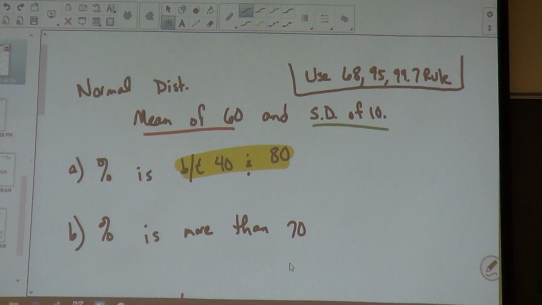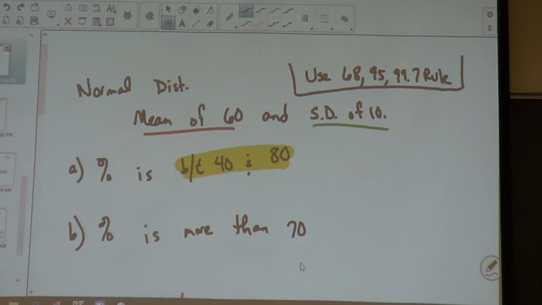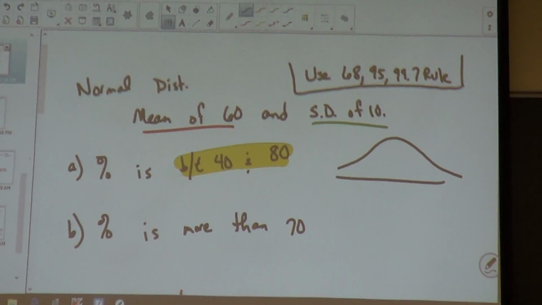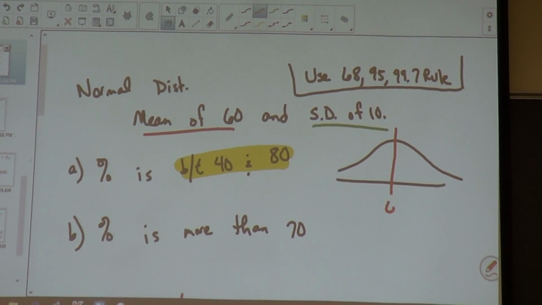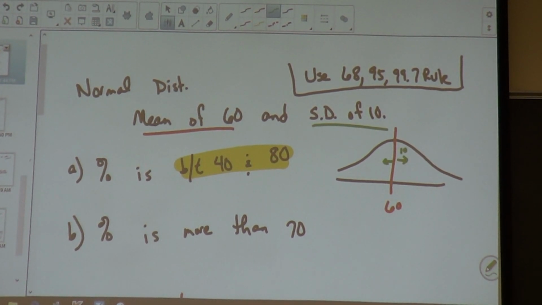All right, we ready for this one? Okay, to draw the picture, we have a normal distribution, we have a mean of 60, we have a standard deviation of 10. So when we do 3 to the right and 3 to the left, we're counting in increments of 10. So it's 70, 80, 90, it's 50, 40, and 30.